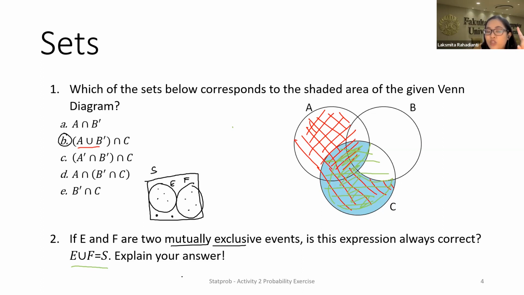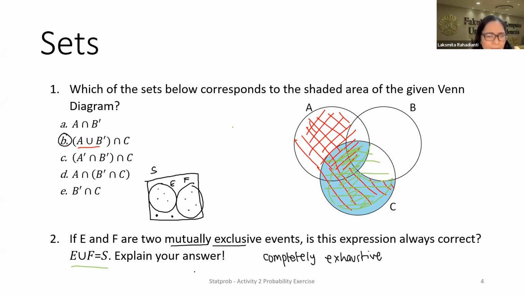Not only do we need to ensure that they are mutually exclusive, but we also need to know if they are completely exhaustive. I think this is the correct term.